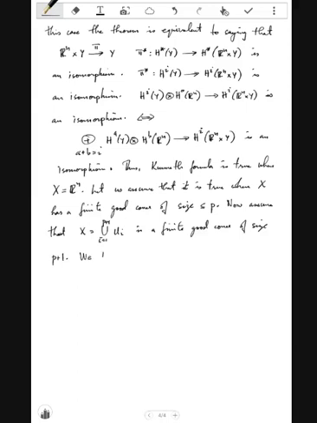We let U be the union over i equal to 1 to p of U_i and V equal to U_(p+1).